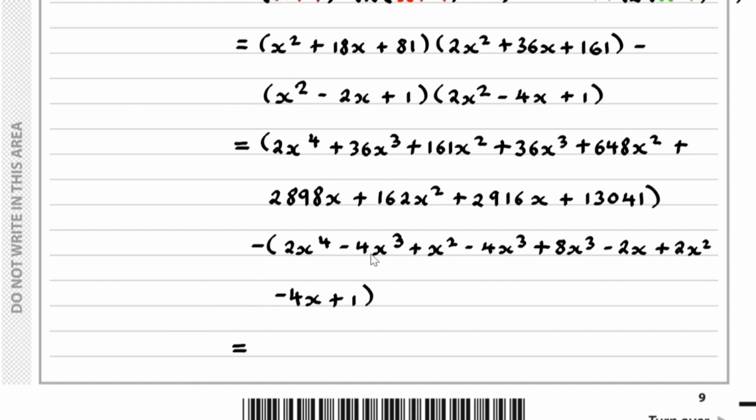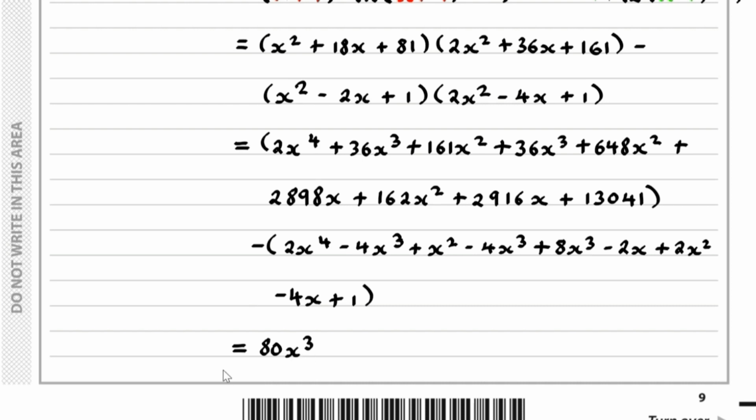In terms of the x cubes, 36 plus 36 minus 4 minus 8, that will be 80x cubed.